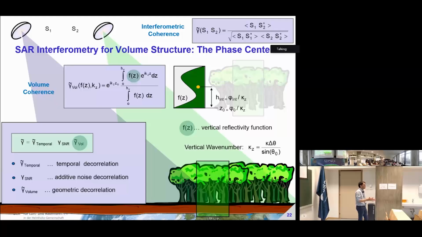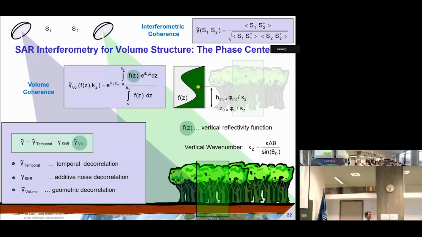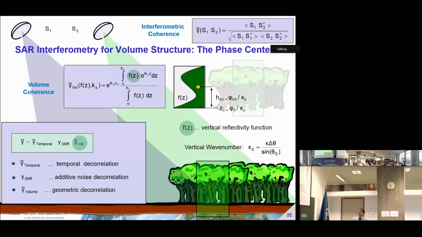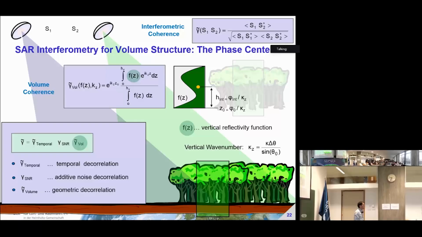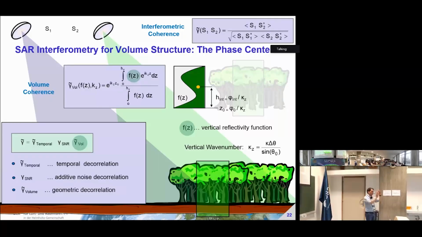So you have all these considerations, but in principle it tells you something about this reflectivity function. So with the absolute value you get the width, with the phase you get a point in between. And you start to understand how this function is, what the skewness of this function is, for instance.